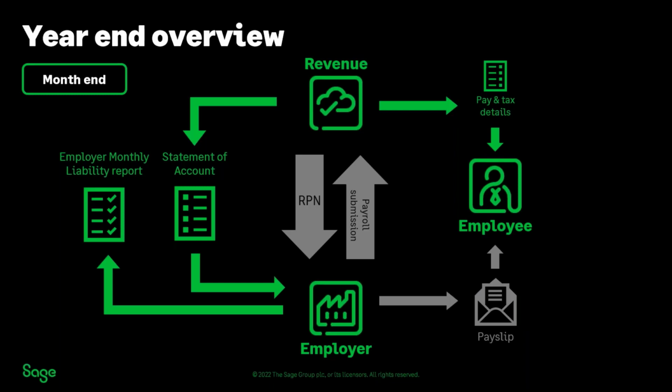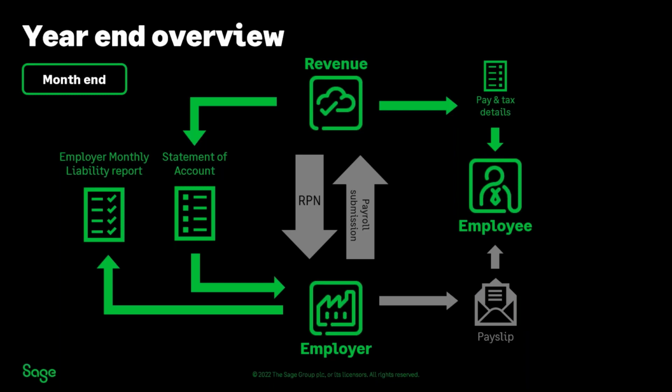Now, we would recommend that you run the equivalent report in payroll at the end of each month in order to compare with the revenue statement of account, just so that you can be sure that everything recorded in your payroll software matches up with what's been submitted to revenue. We're going to show you how you can retrieve that statement in payroll and how to do a bit of that reconciliation later in the webinar.